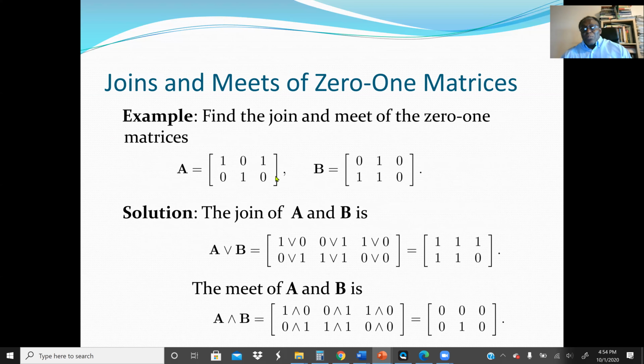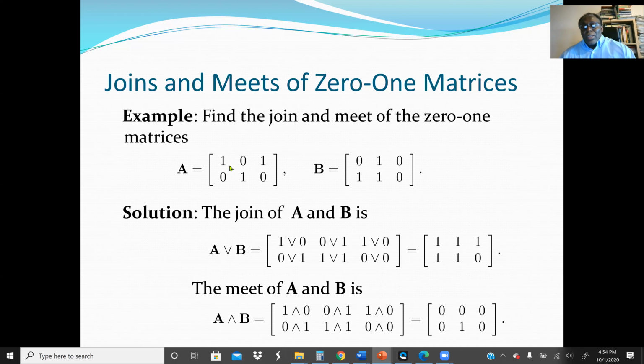So we'll see an example here. They say find the join and the meet of the 0, 1 matrices A and B. To find the join, we know we have to find A disjunction B. The positions are the same, like addition.